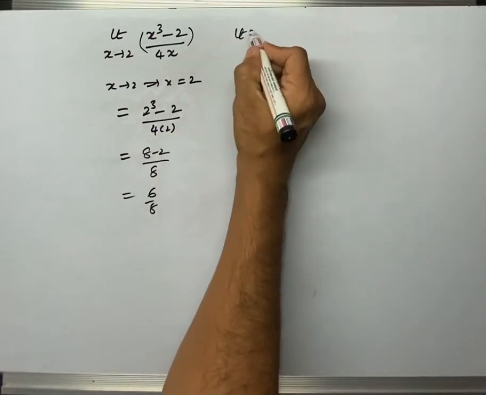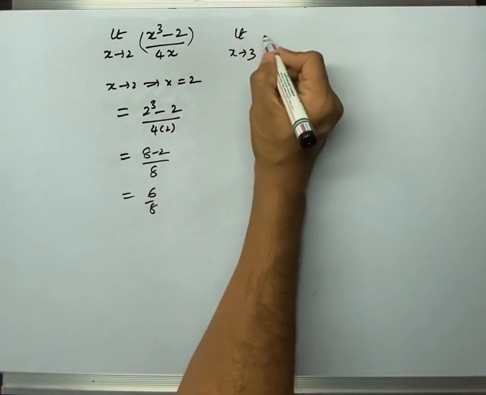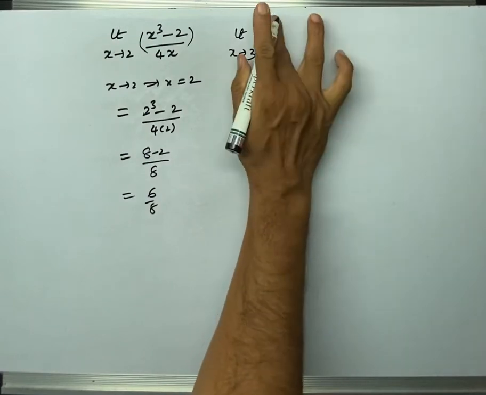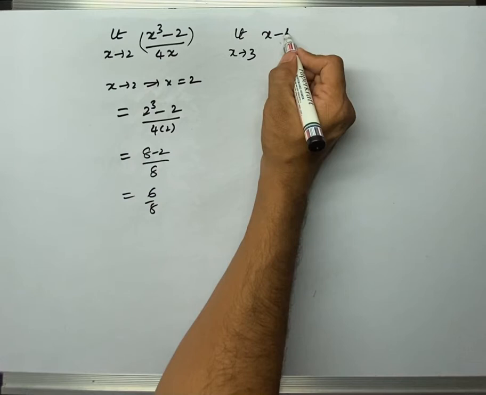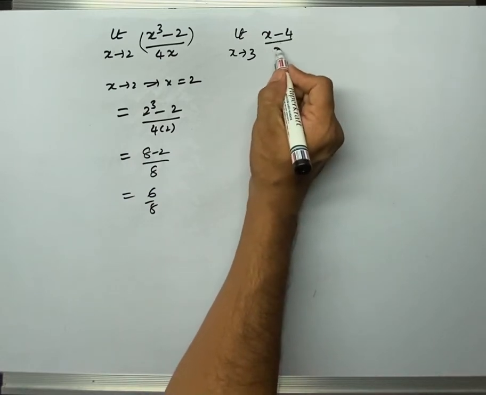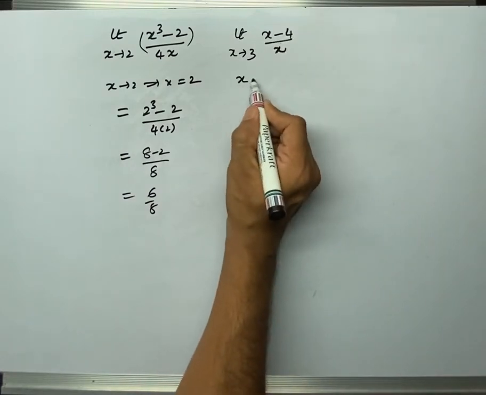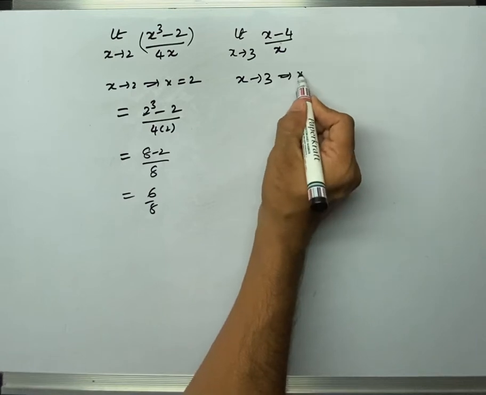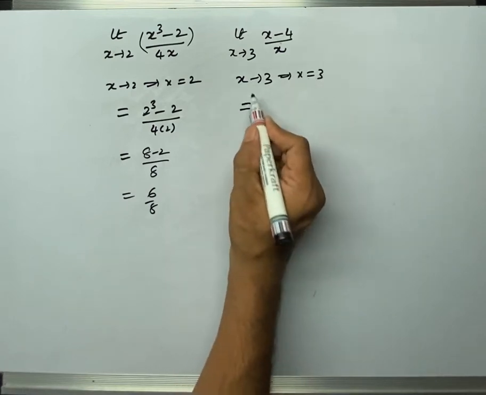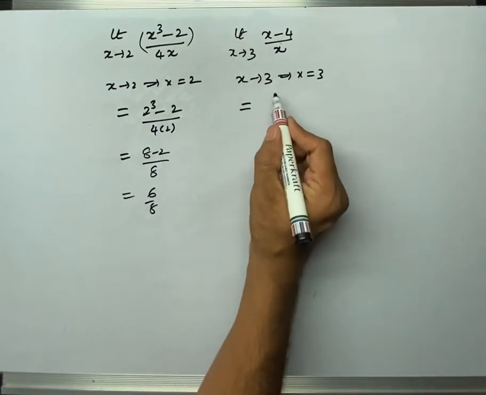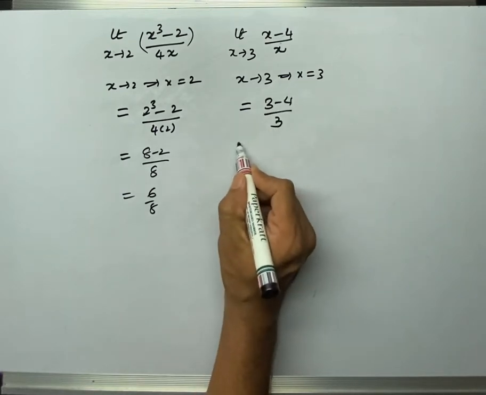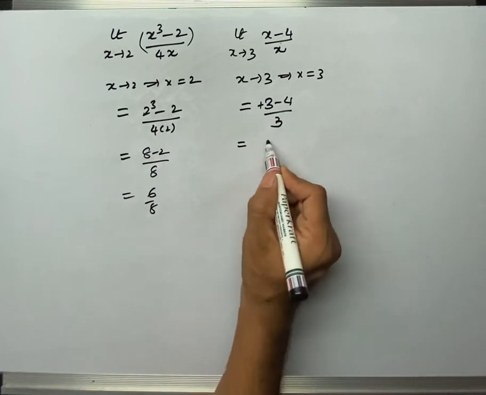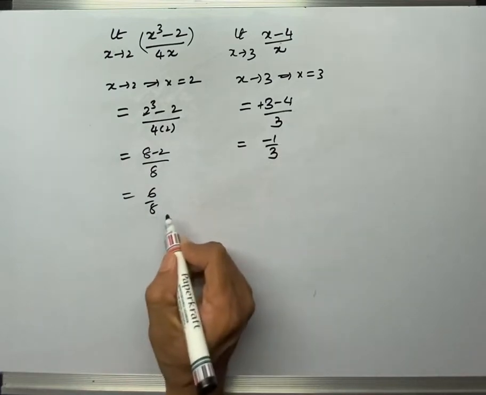Similarly, if you find limit X tends to 3, X minus 4 by X, this time also we write X tends to 3 implies X is equal to 3. We do not take any limit at the time of substitution. Then we take 3 minus 4 divided by 3, so minus 1 by 3.